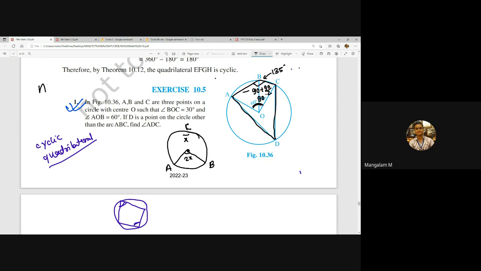Probably this theorem we have not discussed. Okay. And finally, angle B plus angle D is 180 degree. So angle D will be 45. So better, I think you should use this theorem, that angle from the same segment on the center and at the circle. ये ज्यादा बेहतर होगा इस क्वेश्चन को सॉल्व करने के लिए.